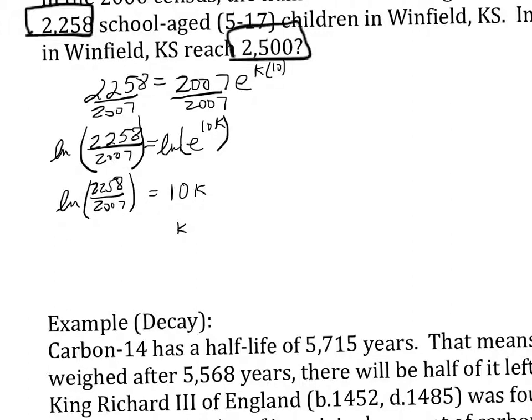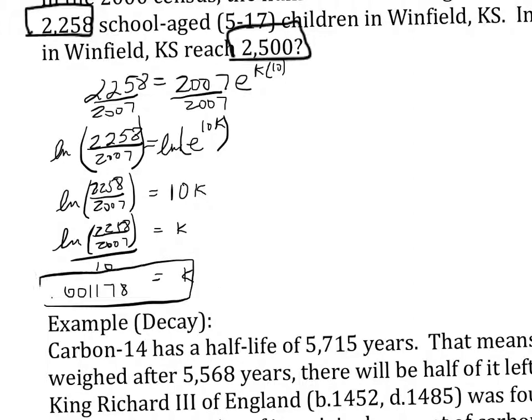And so k then equals the ln of 2258 over 2007 divided by 10. And when you plug that into your calculator, you find that that number is equal to 0.001178.